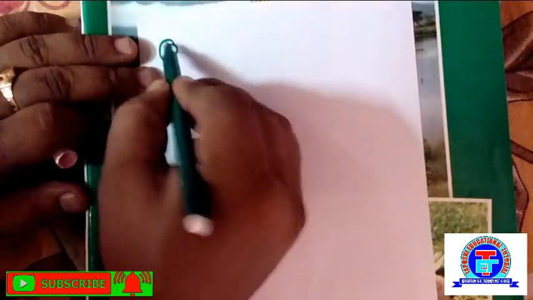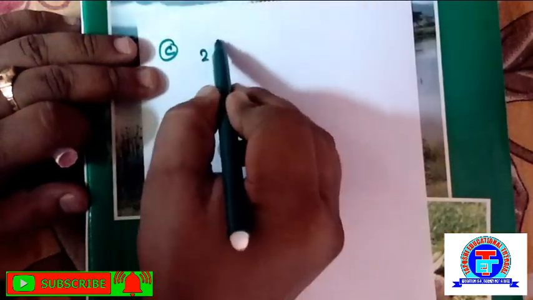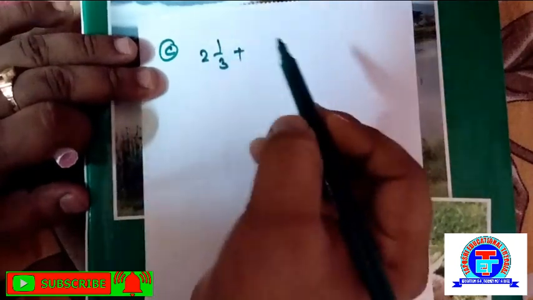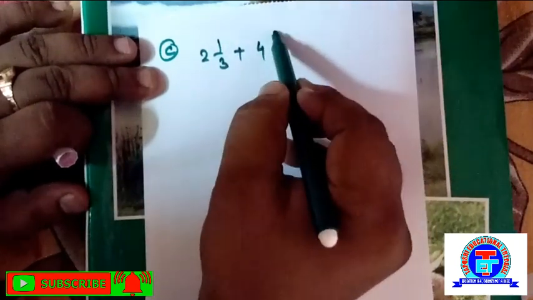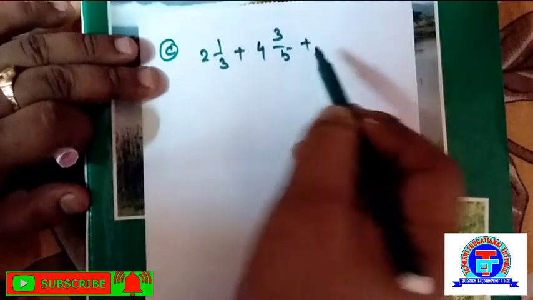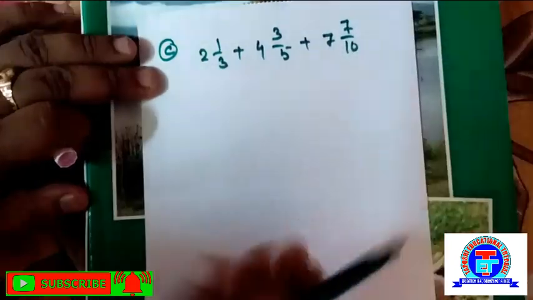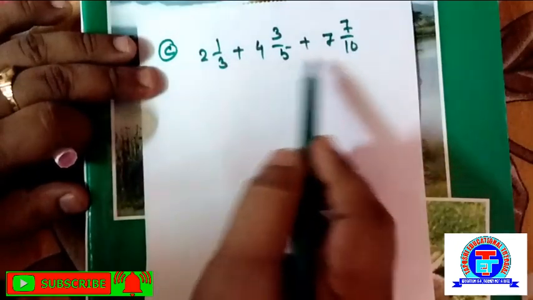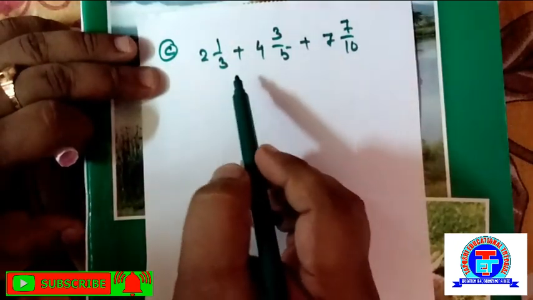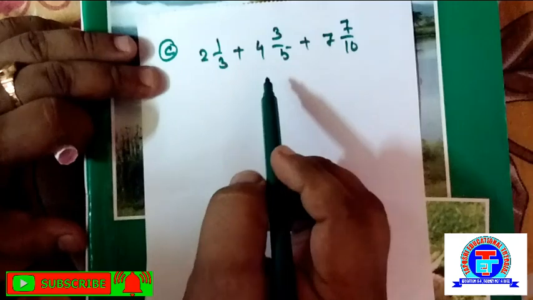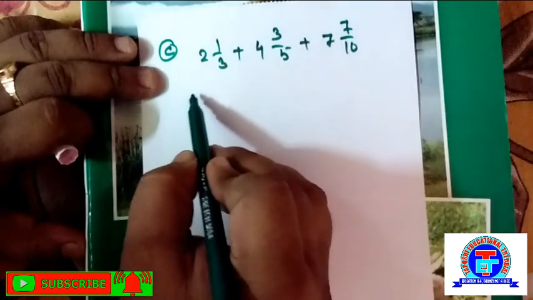Yes student, another addition we solve. Okay, so we have given 2 whole 1 by 3 plus 4 whole 3 by 5 plus 7 whole 7 by 10. First, these are all mixed fractions, so we convert them into improper fractions.